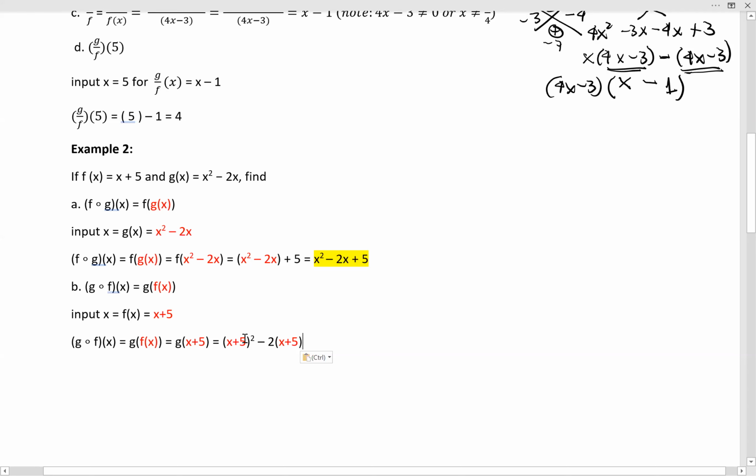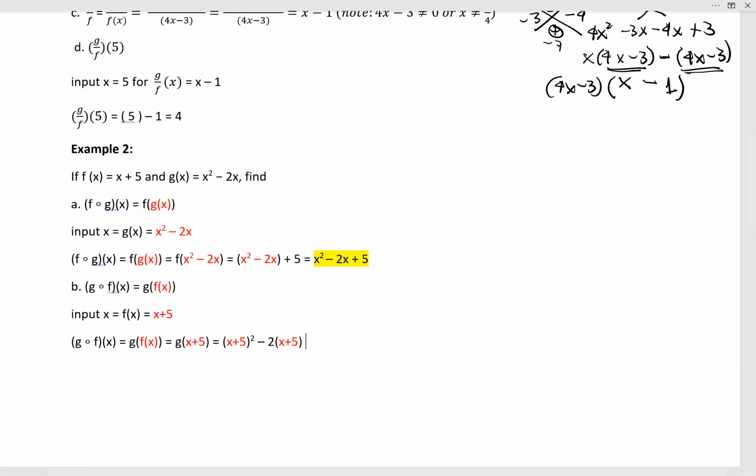In this case, you can simplify by expanding the square.